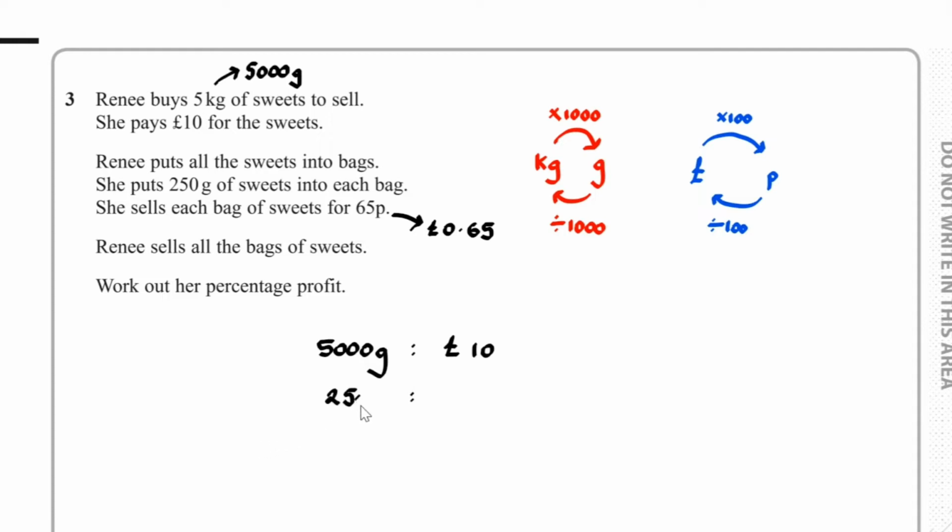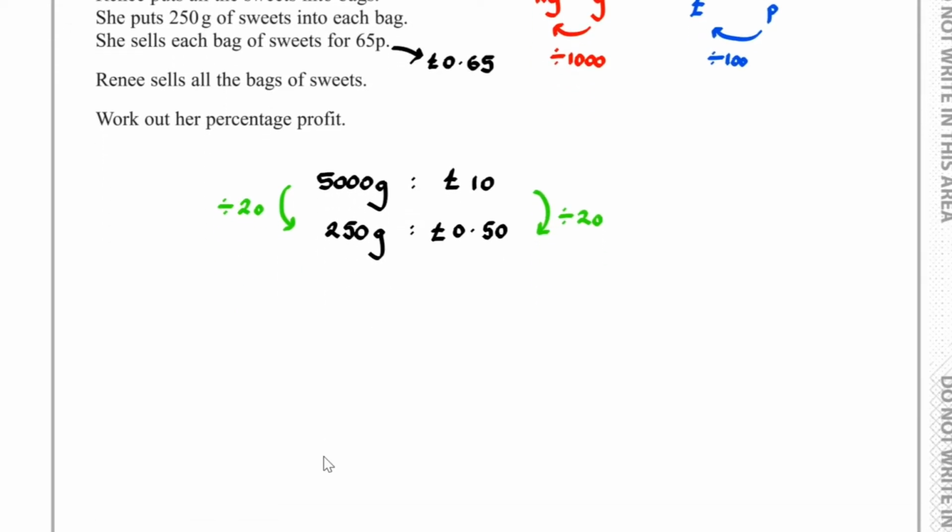One bag contains 250 grams, and so dividing by 20, one bag would cost £10 divided by 20, which is 50p. So each bag would cost 50p or £0.5. And if we sell each bag for 65p or £0.65, we can find the profit per bag.